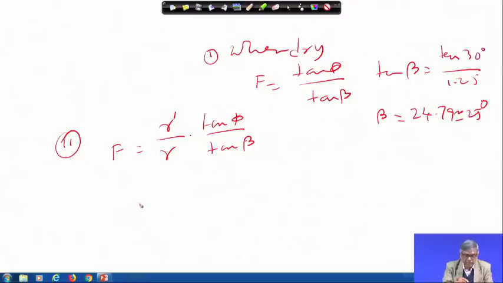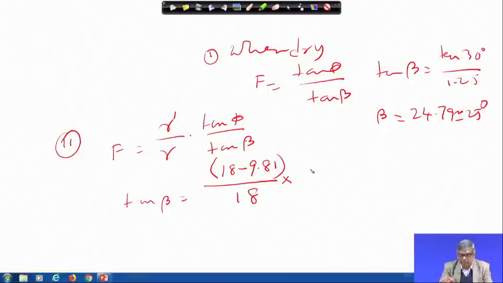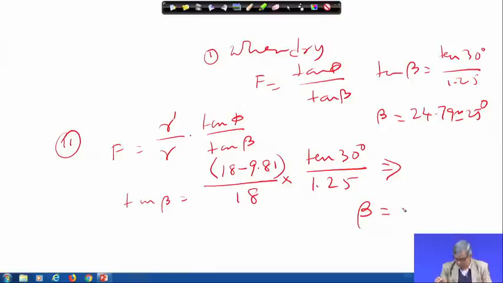So, if I do that, then tan β will be equal to γ submerged, where the unit weight is given as 18 and water is 9.81, divided by 18, multiplied by tan φ, with φ being 30 degrees, divided by the factor of safety 1.25. This value gives you β equal to 11.86, that means approximately 12 degrees.